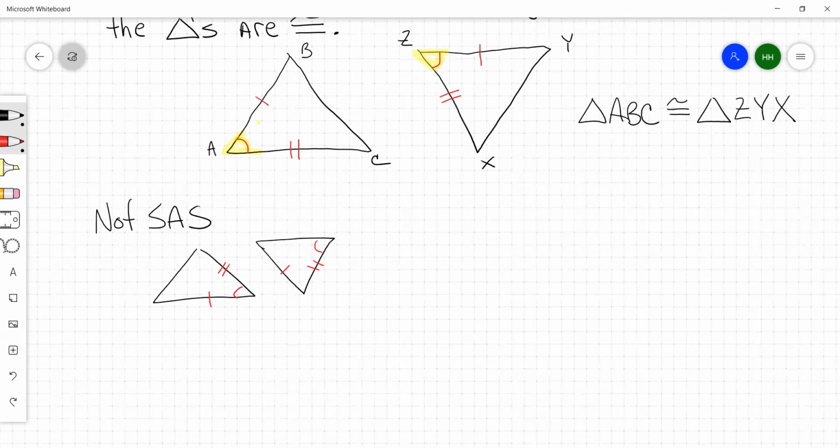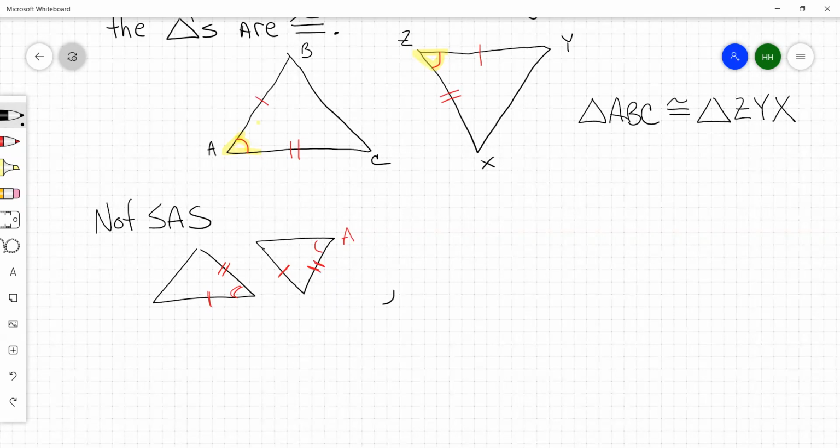The triangle on the left goes side angle side, doesn't it? But in the triangle on the right, is angle A an included angle? It's not, is it? It's not formed by the two congruent sides. That wouldn't work. That is not side angle side.